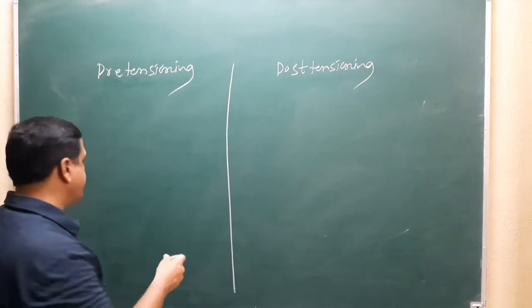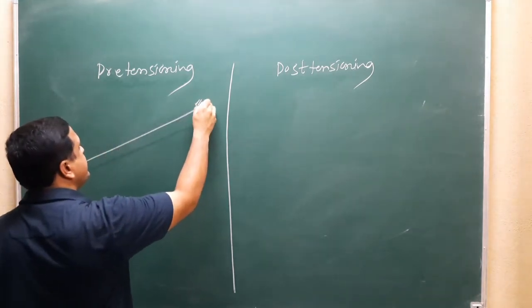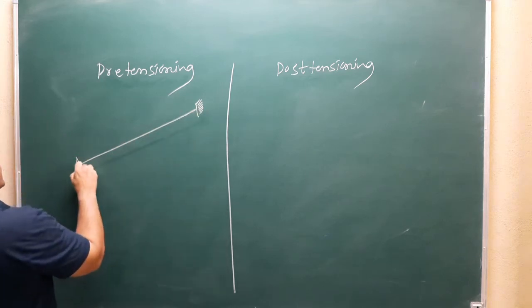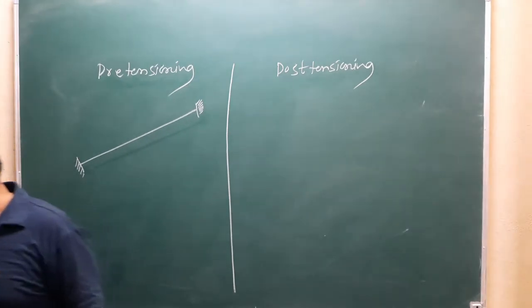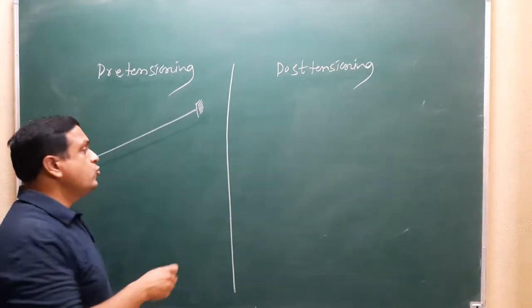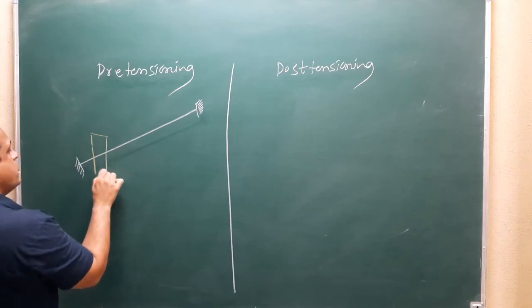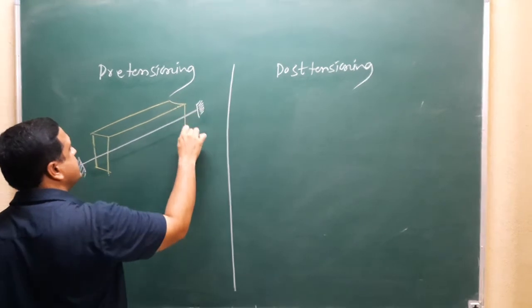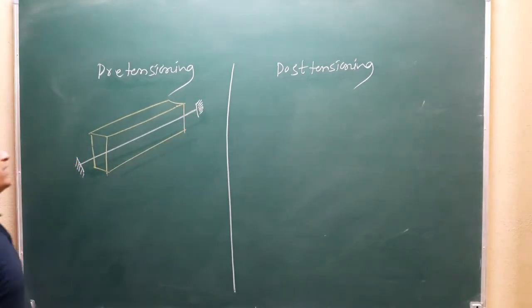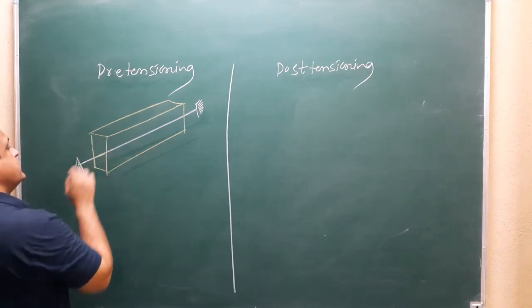Okay, so what exactly you have to do? First you have to put the wire like this. First you have to put the wire, stretch the wire, and then you have to pour the concrete, and then you have to cast the concrete.